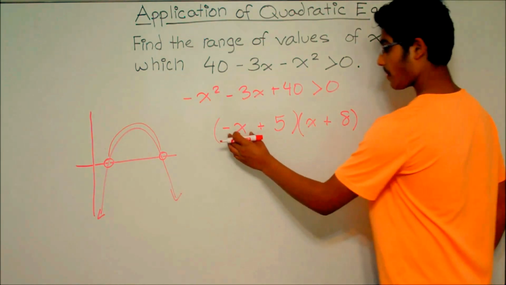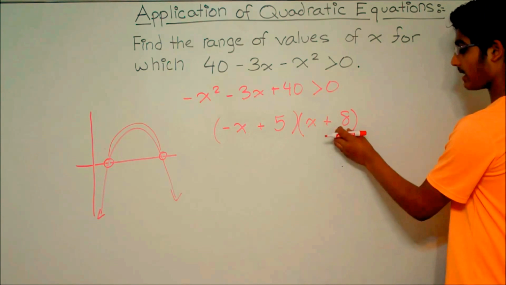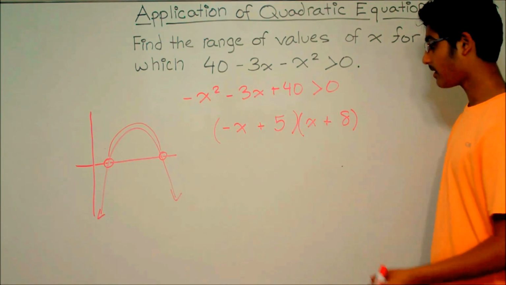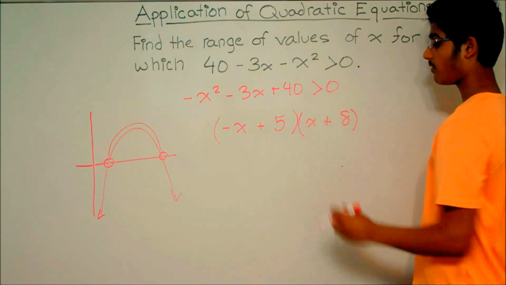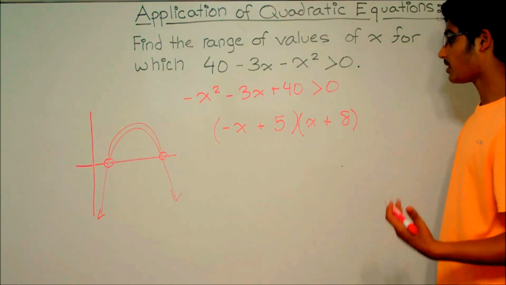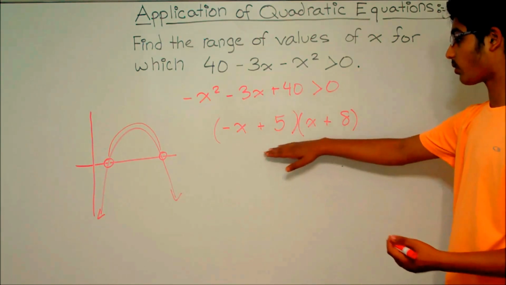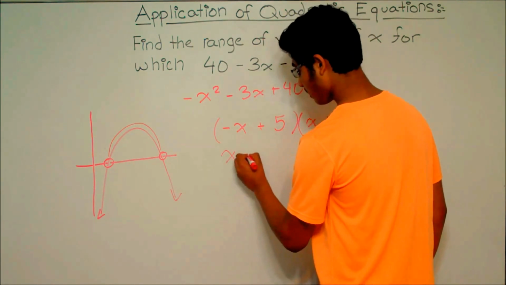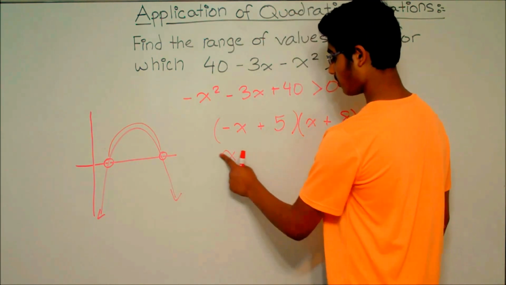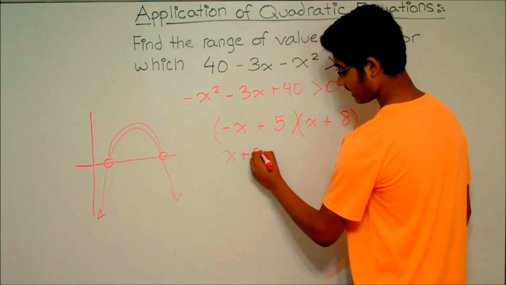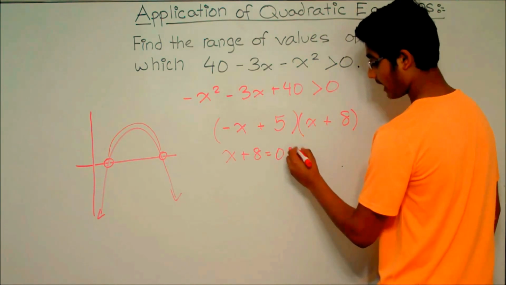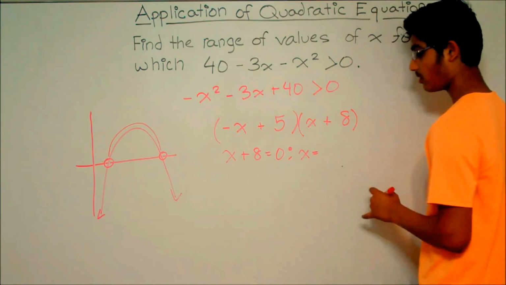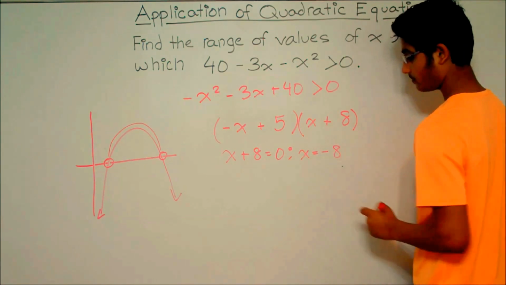So negative x times 8 would be negative 8x, and 5 times x would be 5x, and negative 8x plus 5x is negative 3x. So this works out. So that means that x plus 8 is equal to 0, so x is equal to negative 8.